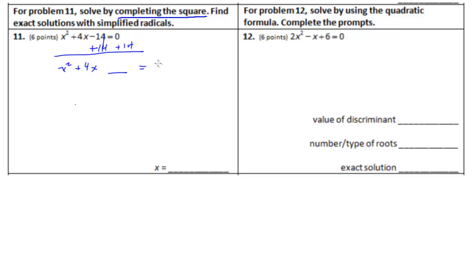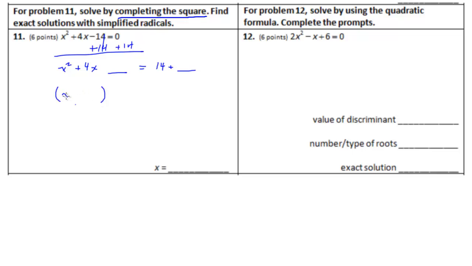Equals 14 plus some value. And this is so that when I complete this square, I'm going to have to put some value in here, and I have to balance the equation by adding it out there.